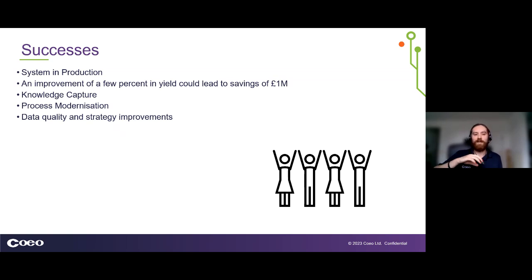So where they were as a business before implementing this was that instead of any sort of automation, all the allocations were done by planners on the shop floor. And so all the knowledge was just stored in those planners' heads.